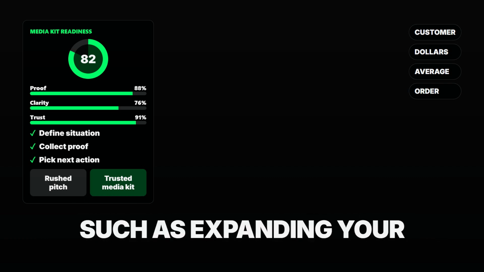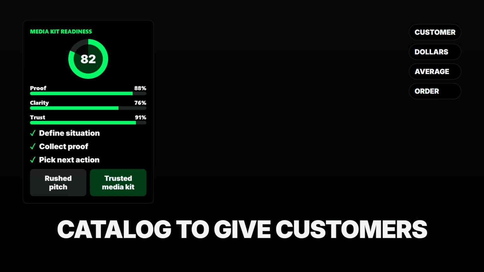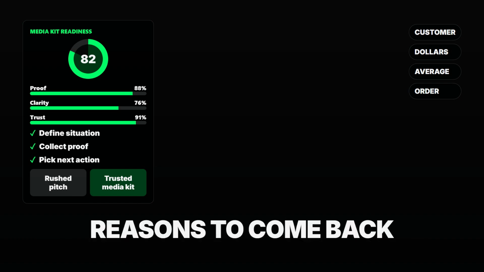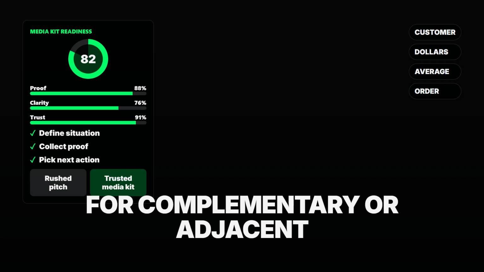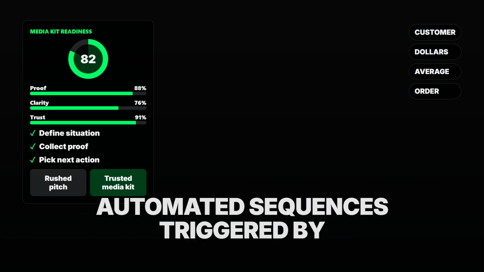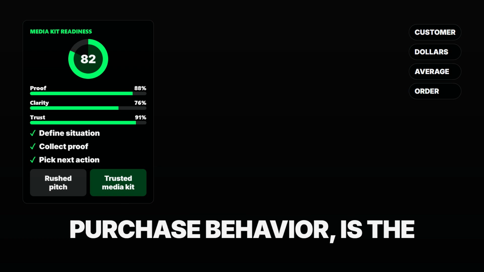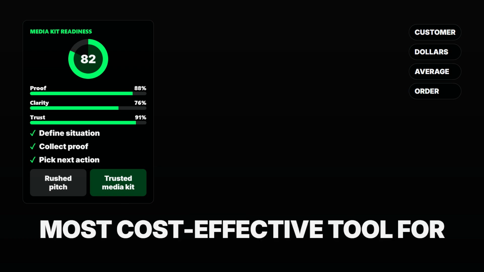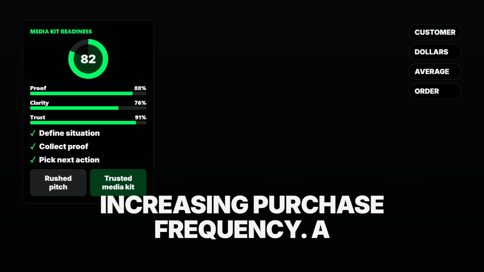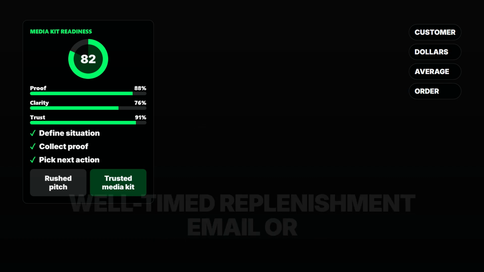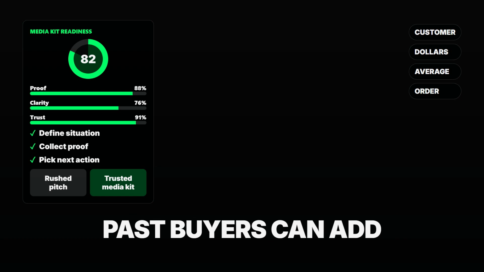Email marketing, specifically automated sequences triggered by purchase behavior, is the most cost-effective tool for increasing purchase frequency. A well-timed replenishment email or a new product announcement to past buyers can add an extra order per year, at minimal cost compared to acquiring a new customer.